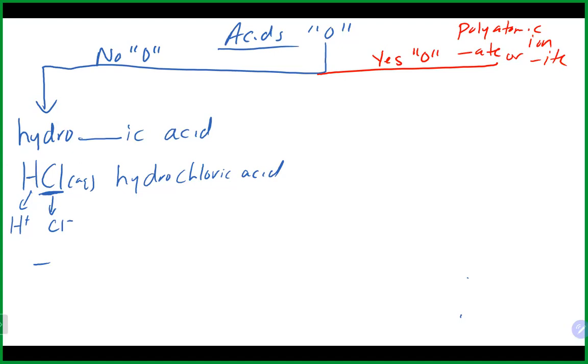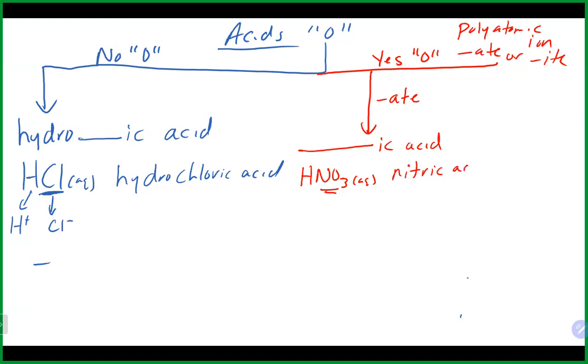So starting with if it does contain oxygen and your polyatomic ion ends in ate, your acid name will be something ic acid. So if we take HNO3, NO3 is nitrate, which means this would become nitric acid.